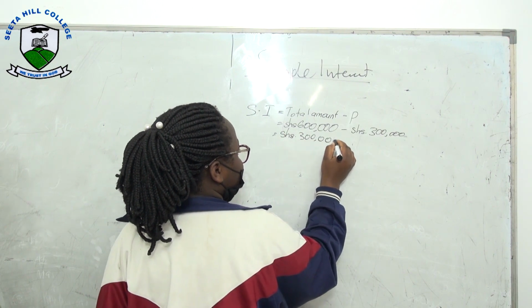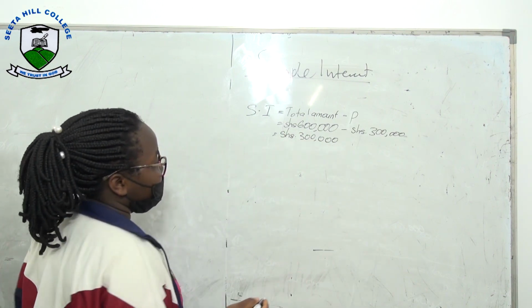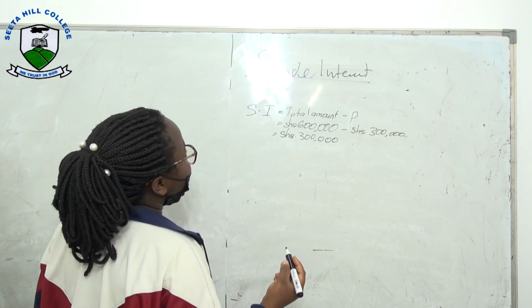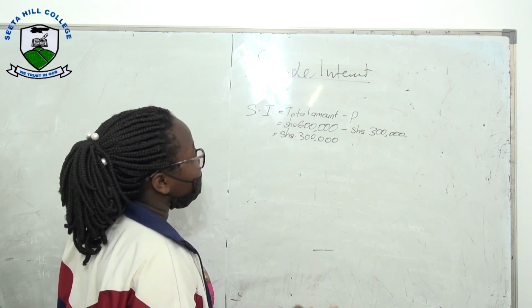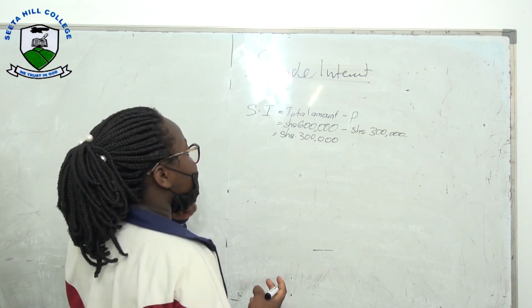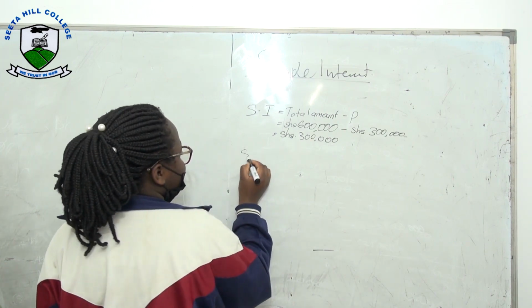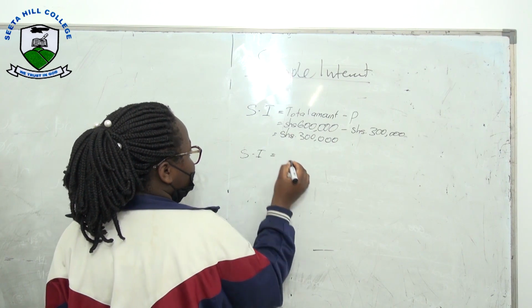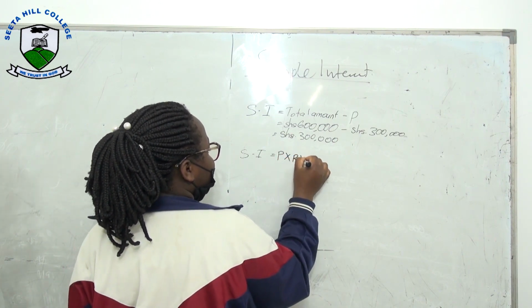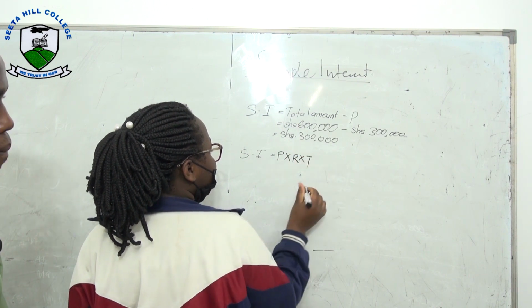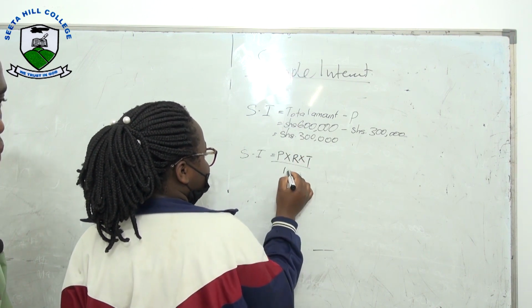Now the question is asking us to find the time when we are given the simple interest, the principal and the rate. So simple interest is equal to principal times rate times time over 100.